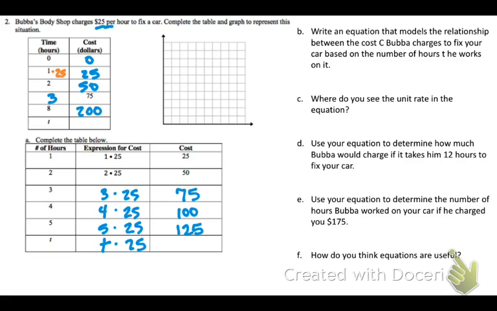All right, so you see that I filled out all the tables except for that very last row. So that very last row says, if I have T amount of time, how much is it going to cost me? Well, T times 25 gives me 25T. And so I have 25T here. Now, most of the time you won't have to label your X and Y axes, but if you ever have to, just like in this situation, our X is always the first part of the table.